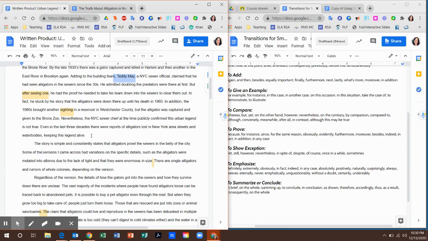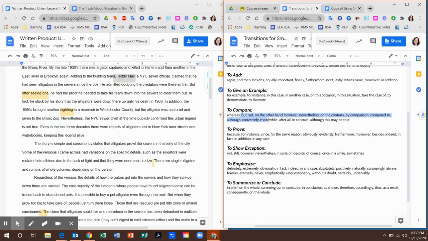So I want to build on that idea, right? Even in the last 3 decades, there were reports of alligators lost in New York area streets and water bodies, keeping this legend alive. So I checked through some of the transitional language here, and I want to contrast, I think, like compare and contrast. So I'm looking for some word choice that will help me.